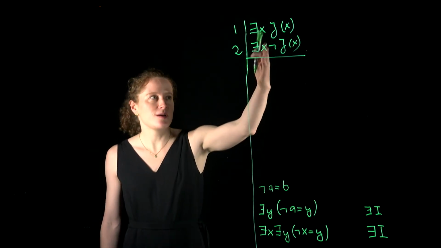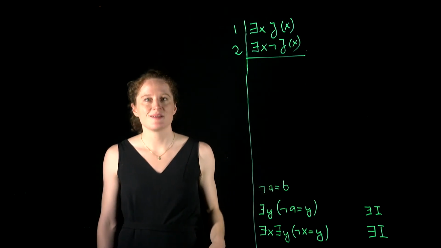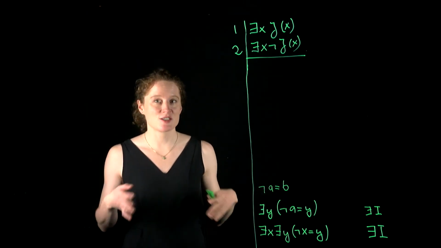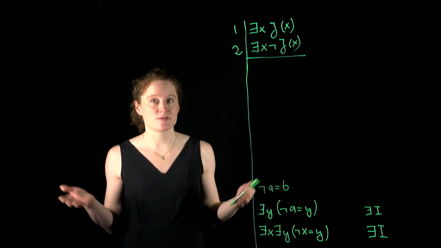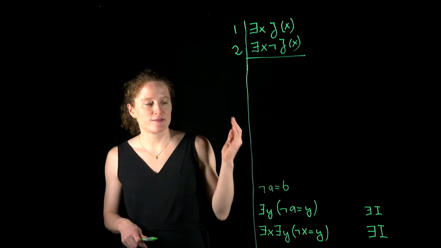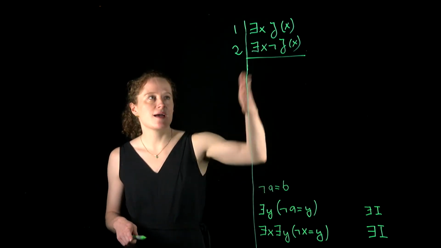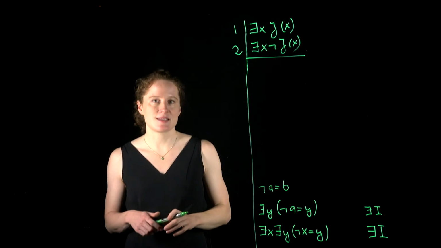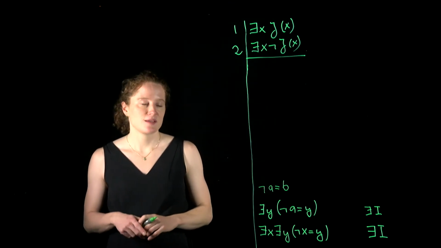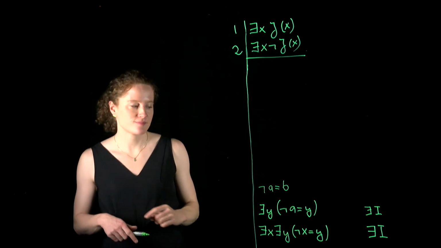So these two premises don't give us any information about the two objects a and b. They just give us general information about two objects of some kind. So I will not be able to infer a claim about the specific objects a and b from the two existentially quantified sentences that I have as my premises here. And that's why backward planning does not work in this case.